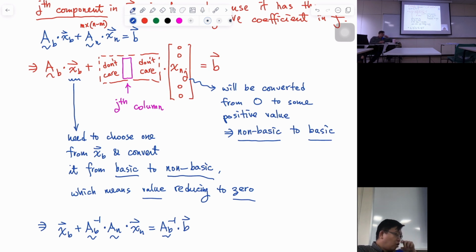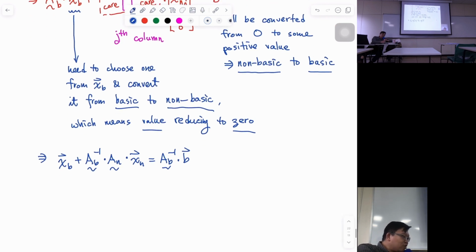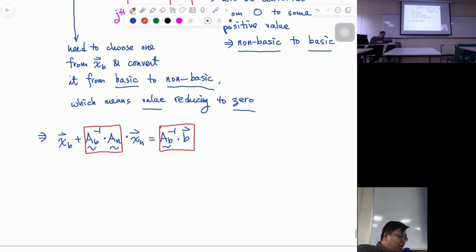Because I care more about the xB's, I want to observe the xB's. So for easier evaluation later on, we're going to call this A hat, and I'm going to call this B hat.